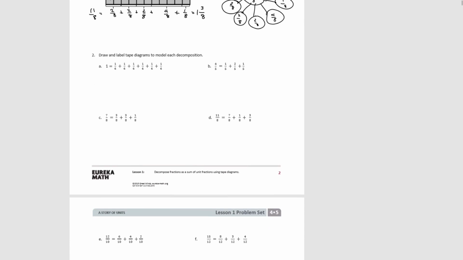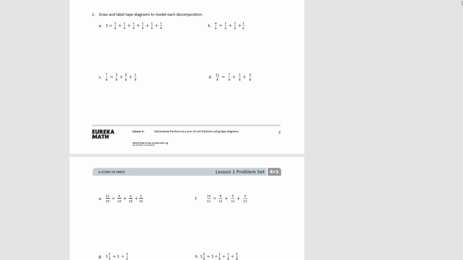Okay, in number 2, you're going to be drawing the tape diagrams and labeling them to model each decomposition. So let's do 2A together. We're going to start with a tape diagram. Our fractions here tell us that we're dividing 1 whole into 6 equal-sized pieces.